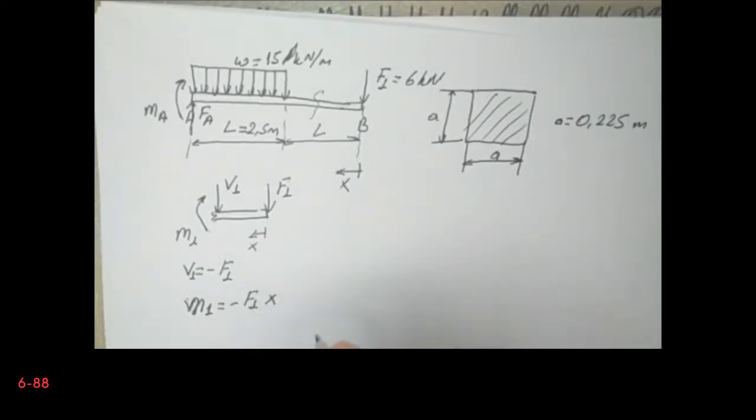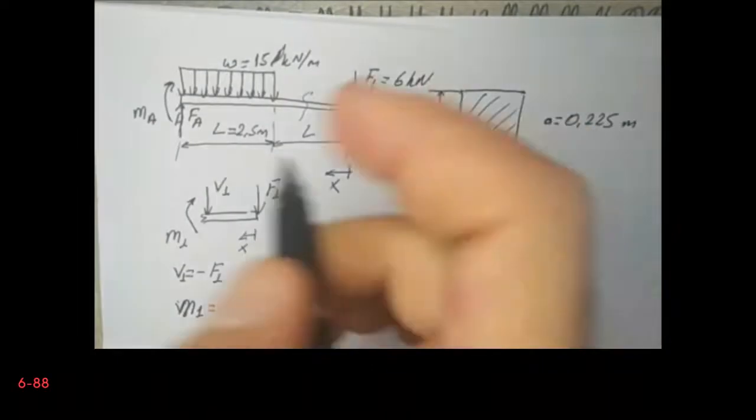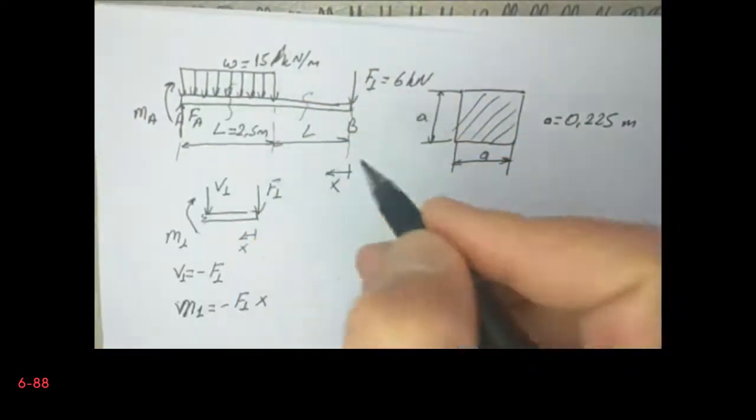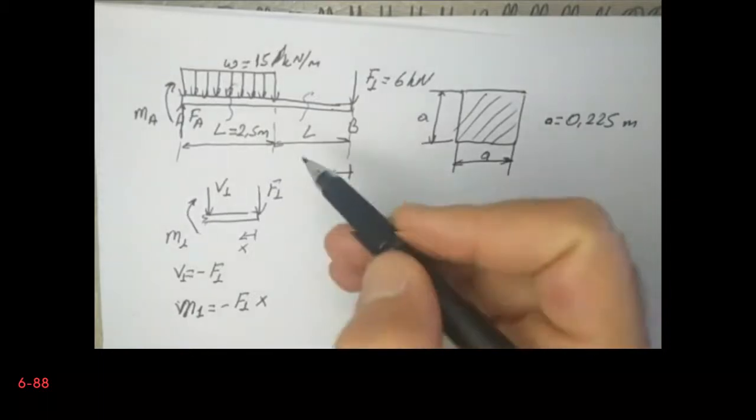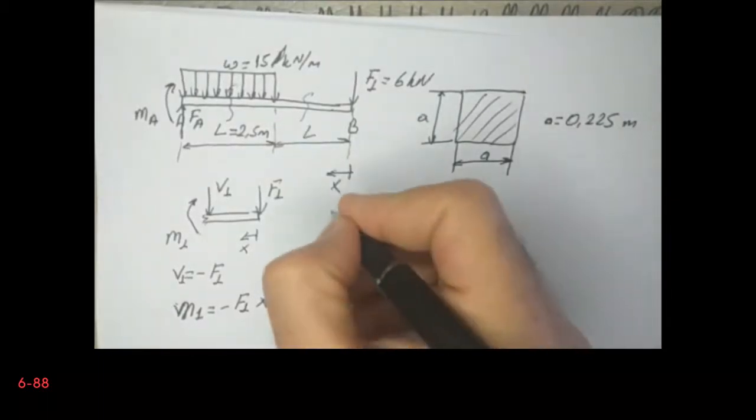Okay, so this is my first cut. Now I will make the second cut. I will make the second cut between A and the beginning of this distributed load. So I will draw it here.